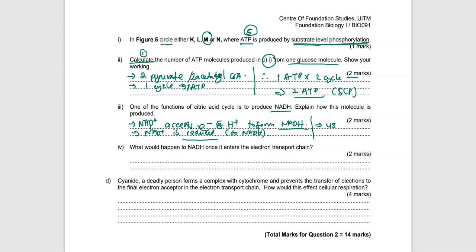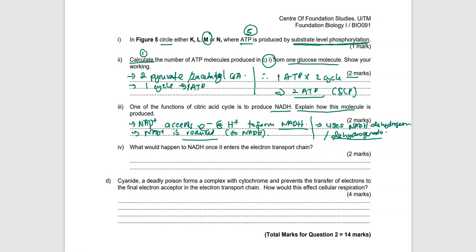So you can add another point here: it uses NADH dehydrogenase, or you can mention that the process involved is dehydrogenation. So how this molecule is produced is through the process of dehydrogenation using the enzyme dehydrogenase.